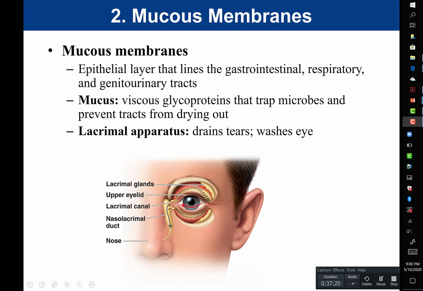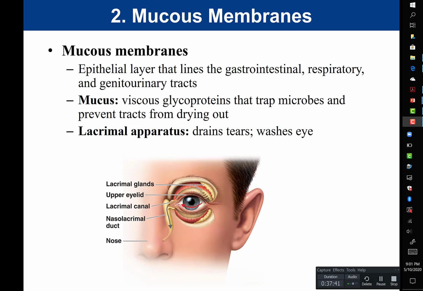Now, in addition, as part of your mucous membranes, you have something called the lacrimal apparatus. And the purpose of the lacrimal apparatus is that it drains tears and it washes out the eye. So in the eye, there are these glands that are called lacrimal glands.